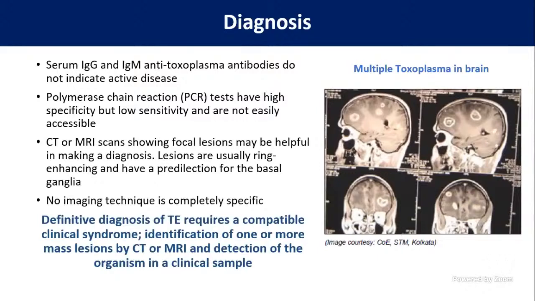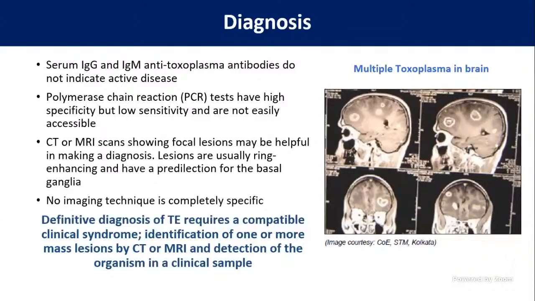CT and MRI is a way in which you will diagnose it. They are usually ring enhancing and have a predilection for the basal ganglia. But of course, like I said, it can be very confusing and can be confused with tuberculomas.